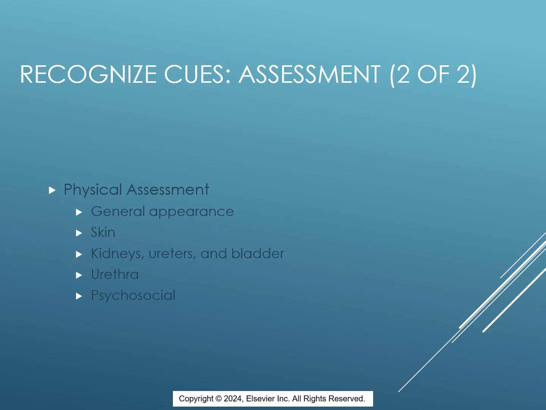Nursing safety and priority. Always report proteinuria, hematuria, and glycosuria. Protein in the urine. Hematuria is blood in the urine. Glycosuria is glucose in the urine.